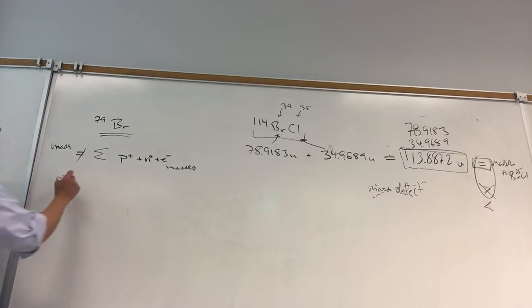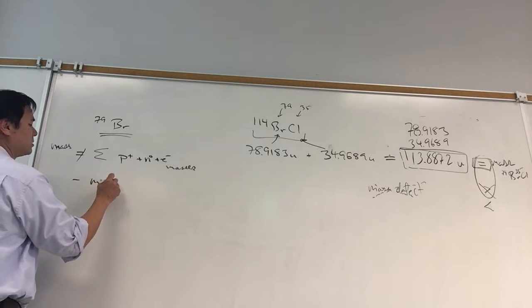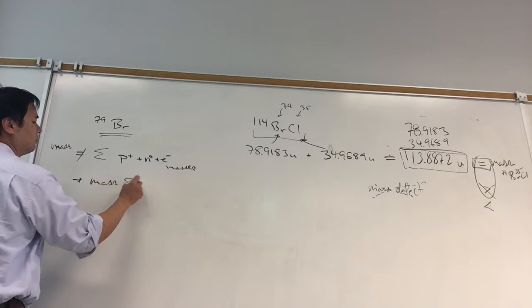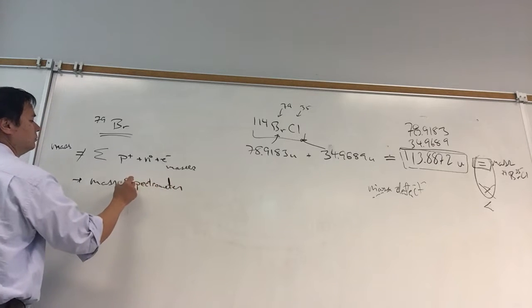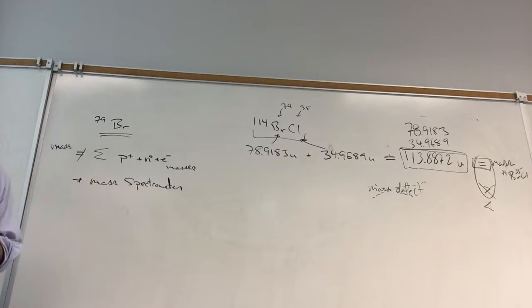A mass spectrometer. How many sig figs can I get using a mass spectrometer? A lot or a few?